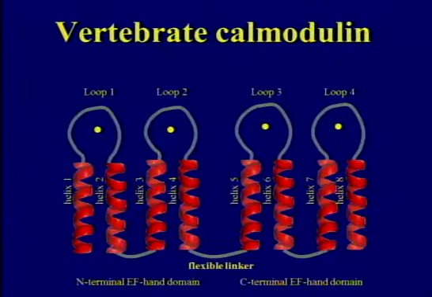So the entire protein is capable of binding up to 4 calcium ions when it's in the cell. It's split into two domains, so-called EF-hands, and they are connected by a very flexible linker, and there's data from the 90s that shows that this flexibility is relevant to the physiological function as well.